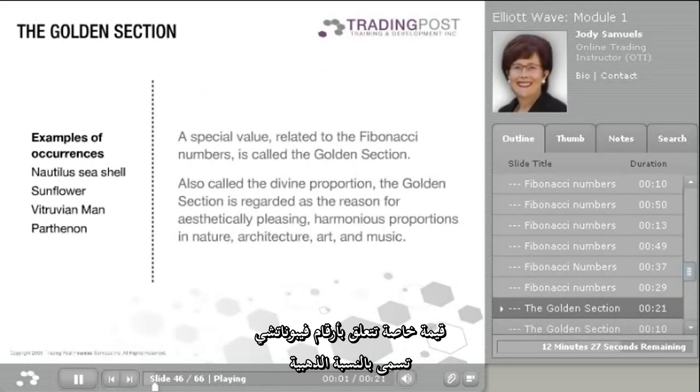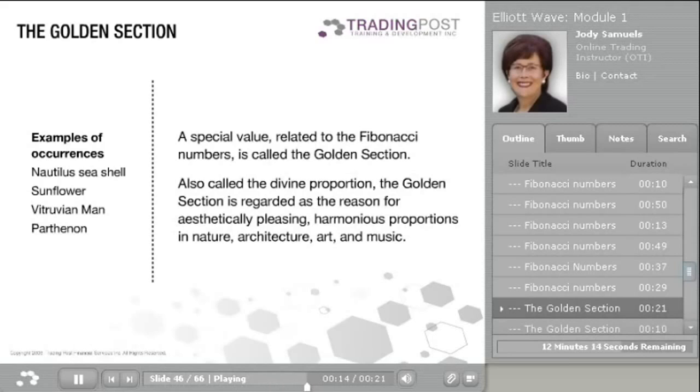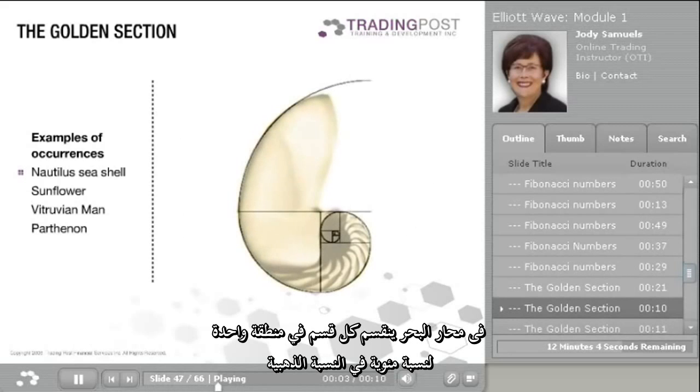A special value related to the Fibonacci numbers is called the golden section. Also called the divine proportion, the golden section is regarded as the reason for aesthetically pleasing, harmonious proportions in nature, architecture, art, and music. In the nautilus seashell, each section subdivides in area to one of the percentages of the golden ratio.